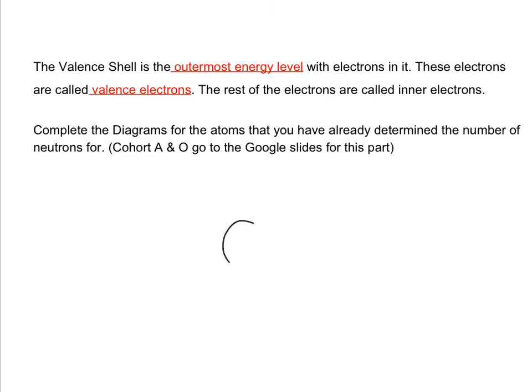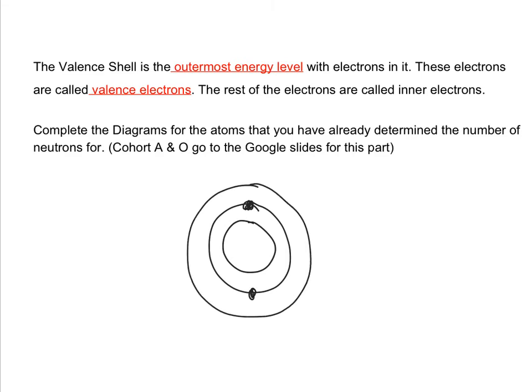So if this is my nucleus, here's my first energy level. Here's my second energy level. These dots are my electrons. You put one on each side first, then you start doubling up.